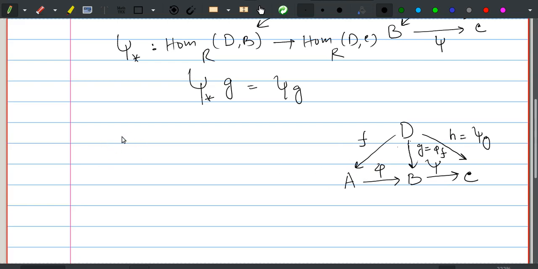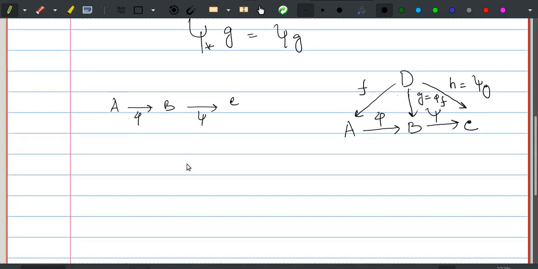Such that if we compose these two morphisms, we have a sequence like this, A to B, B to C, with map phi and map psi here.